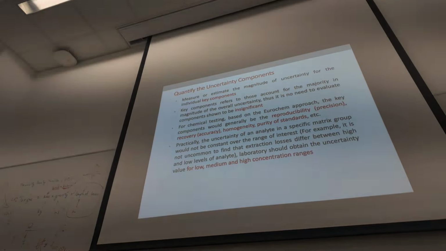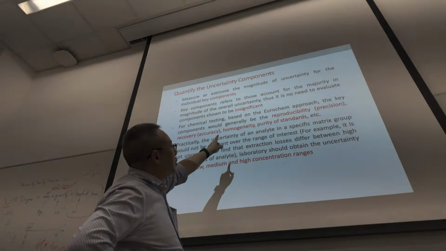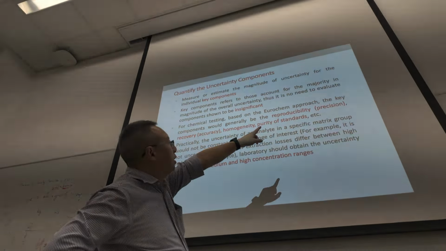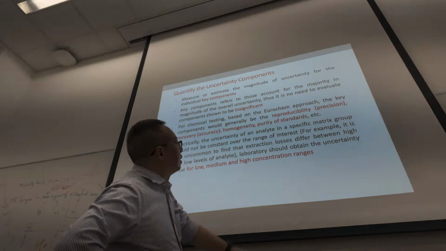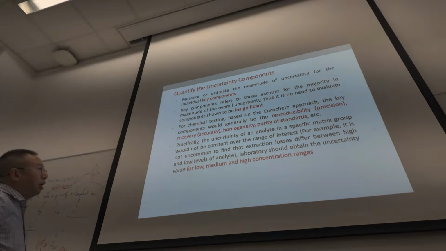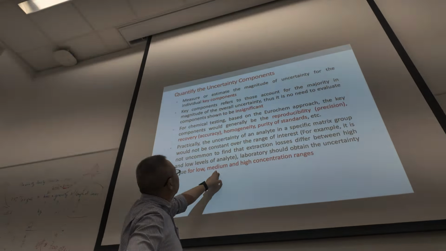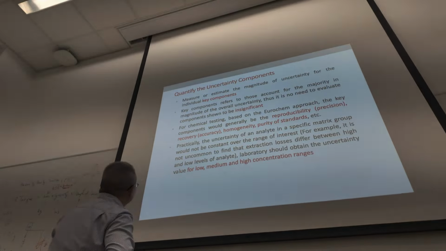And you understand that from the chemical testing, the EuroChem approach only would have the reproducibility, which means the precision, recovery, homogeneity, and purity of standards. These four components, and you have to consider, for example, the precision or recovery. You have to consider the low, medium, and high concentration ranges.